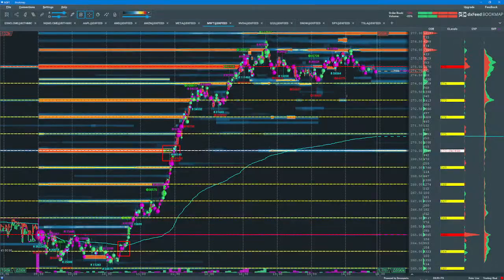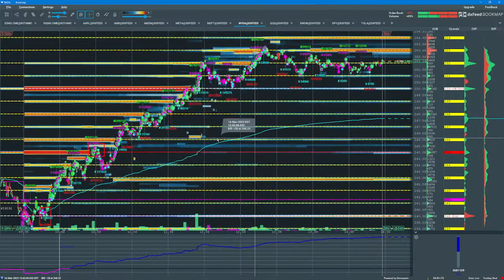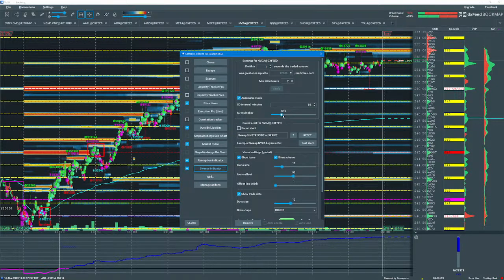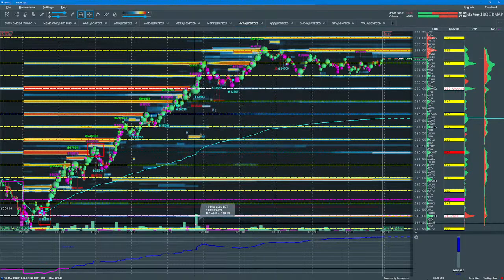And I'm going to have to turn this down. This is the absorption indicator, just kind of obscuring price here. And we'll turn down sweeps. This automatic mode sometimes, you just have to make an adjustment to see the appropriate number of sweeps and absorption.